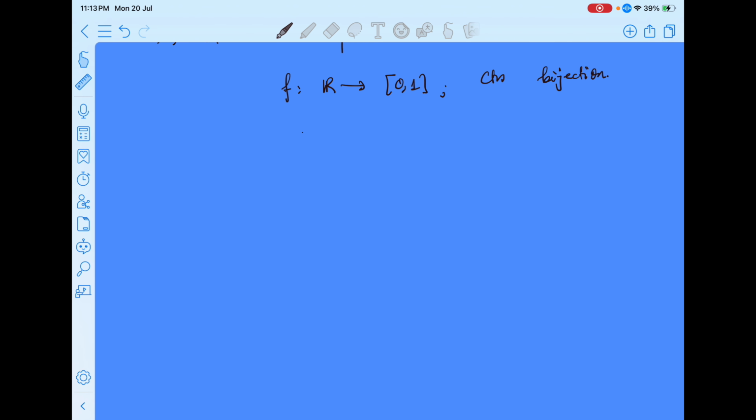If this is a continuous bijection, let us choose 3 points x, y and z in increasing order. Suppose f(x) is strictly less than f(y); it has to be strictly less because the function is injective. And suppose f(y) is strictly greater than f(z).